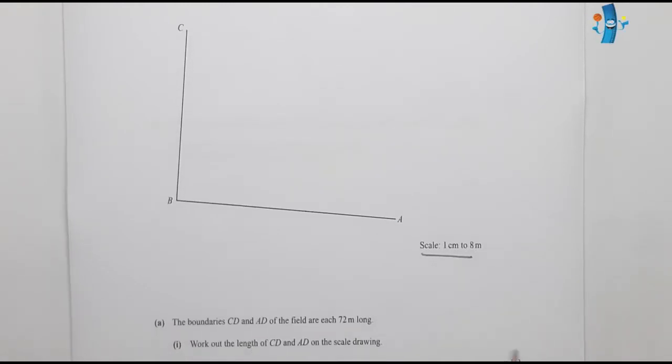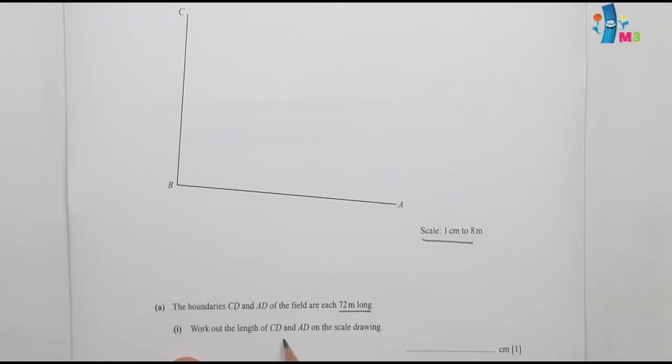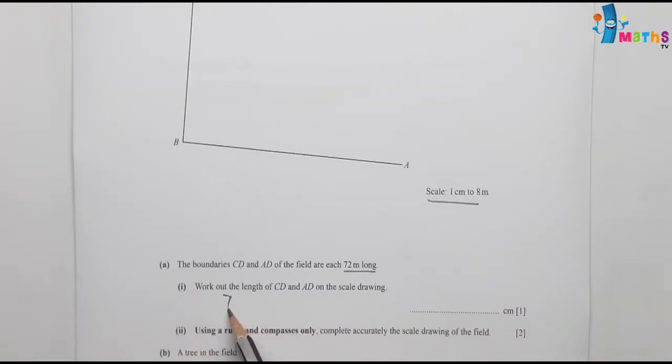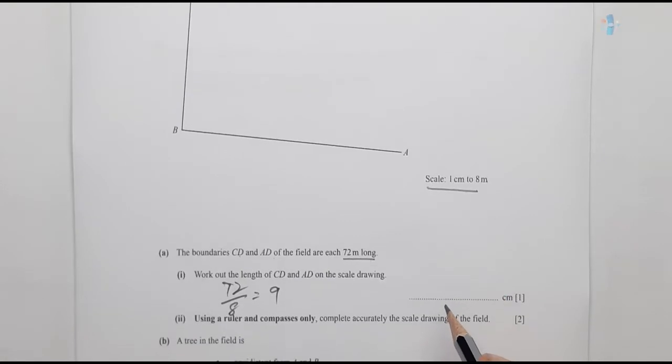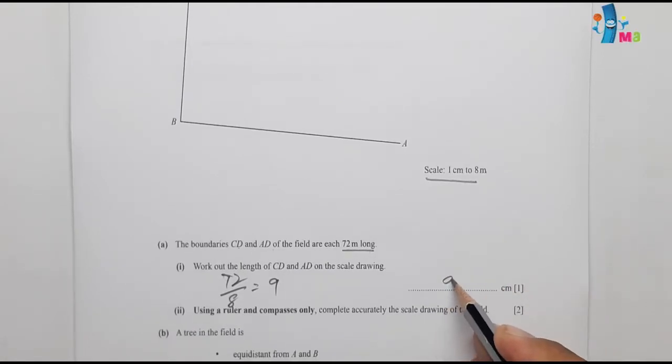A part, the boundaries CD and AD of the field are each 72 meters long. Work out the length of CD and AD on the scale drawing. So 72 divided by 8 will be equal to 9. So this will be 9 centimeters.